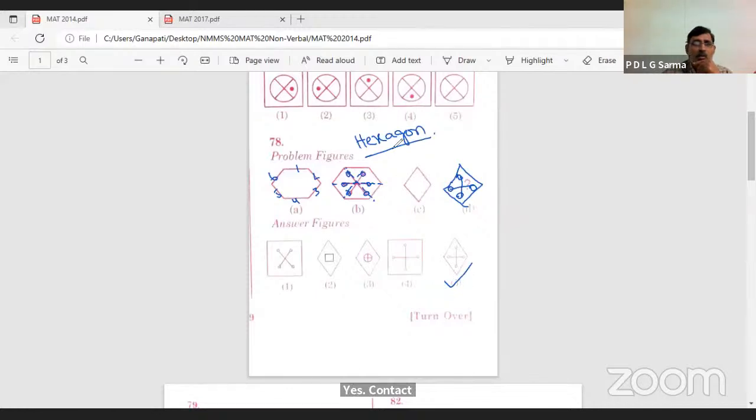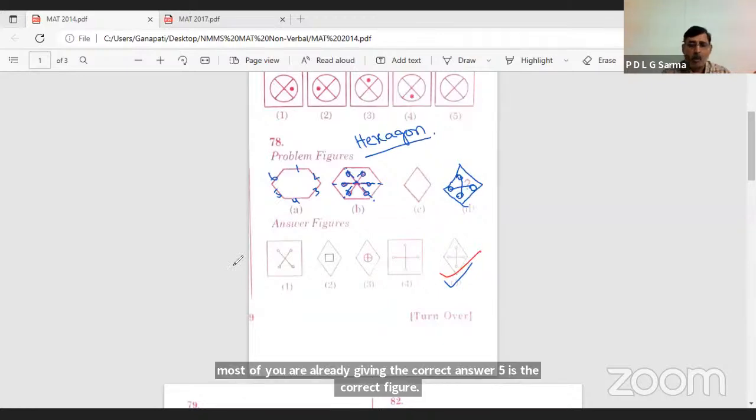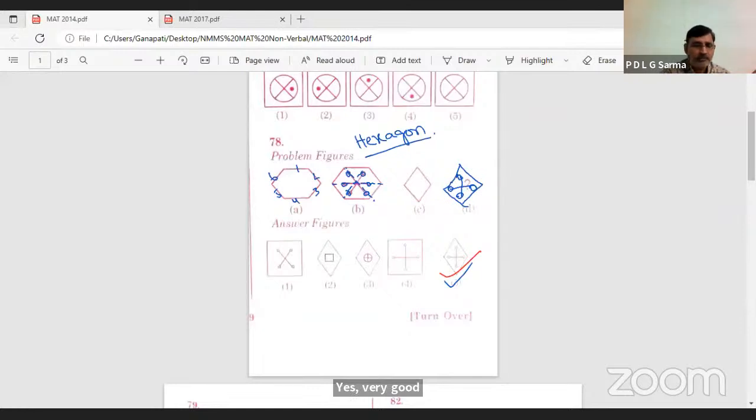Most of you are already giving the correct answer. 5 is the correct figure. Yes, very good. You identified it properly. Nice. I think now we can move ahead to the next problem. No, it is not C, man. 5, not C.